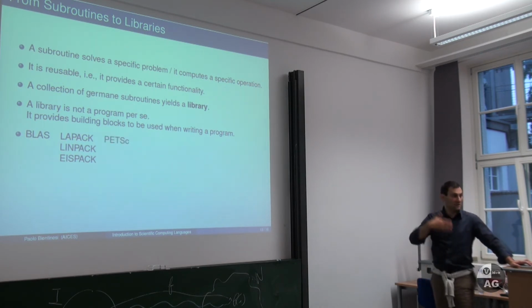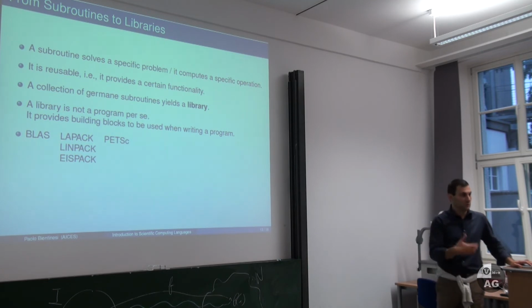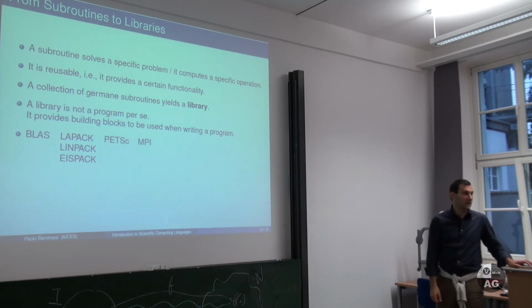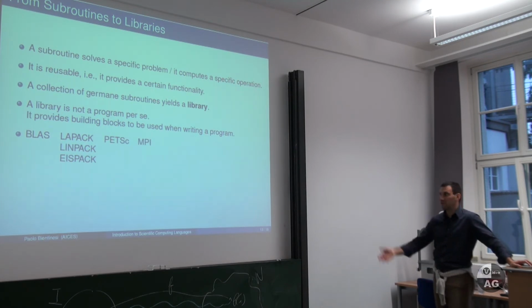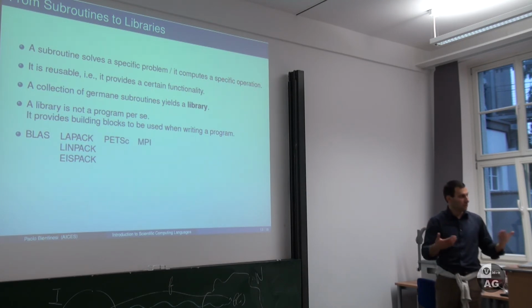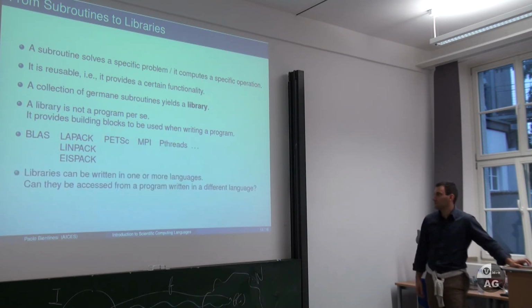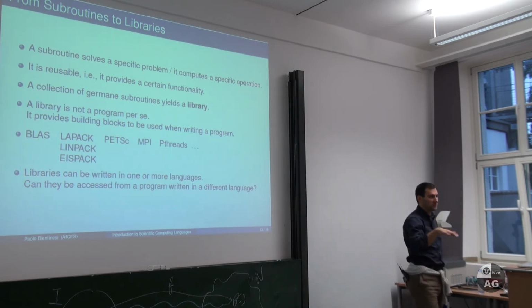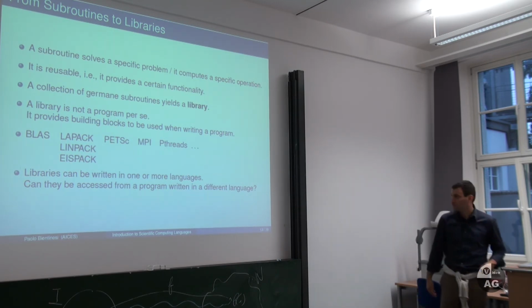PETSc is an extension to LAPACK to sparse and iterative solvers. MPI, message passing interface, is a library to allow computers to communicate with one another. pthreads, same story. It's a library to allow multiple threads to coexist in one computer.